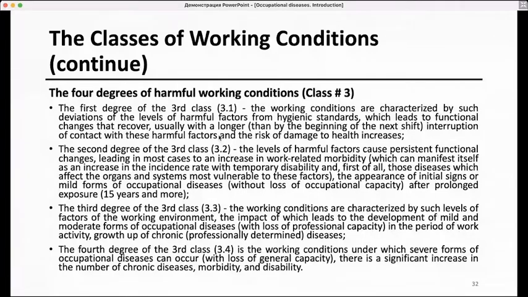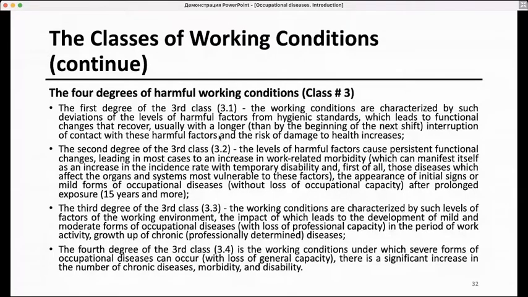The third degree of the third class. The working conditions here are characterized by such levels of factors of the working environment, the impact of which leads to the development of mild and moderate forms of occupational diseases and, in the period of work activity, the growth of chronic diseases.